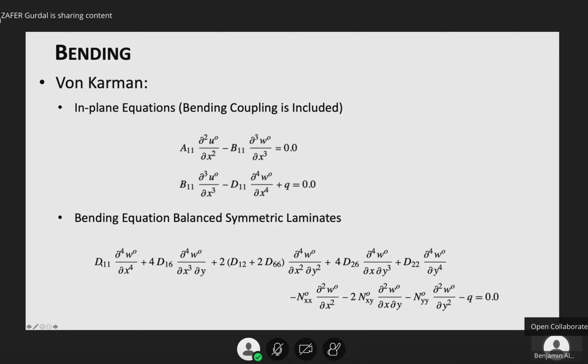But let's look at the D11 through D66, because in our design, we are literally designing the material properties, the stiffness matrix D, that's what we are designing. And D terms have both the stacking sequence information in it in terms of their orientation and thicknesses buried into these D terms.